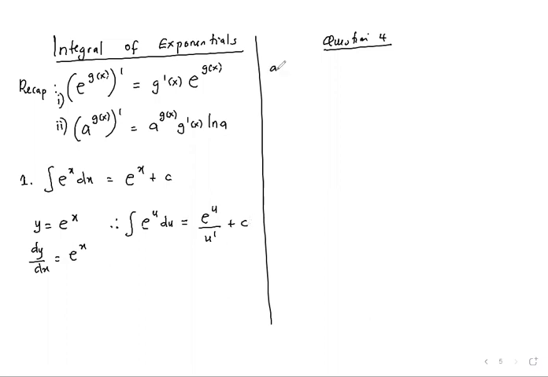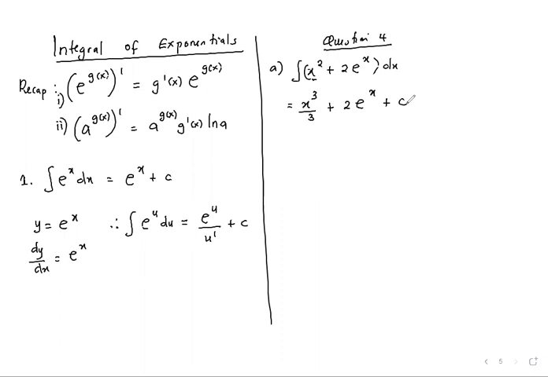4a. The integral of x squared plus 2e to the x dx. So first, to integrate x squared, you just do x cubed over 3, plus 2, to integrate e to the x, you just have e to the x itself, plus c.